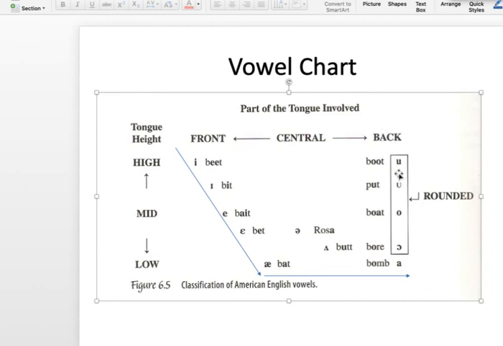Oo, this is the long vowel, and this is the short vowel, put. And then boat and bore. If you pronounce this bomb as bomb, with the ah sound, in that case, this is not rounded, but this is a back vowel, the ah sound, bomb.